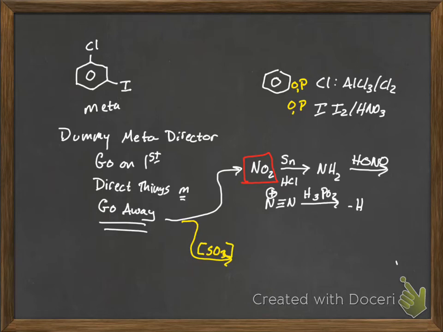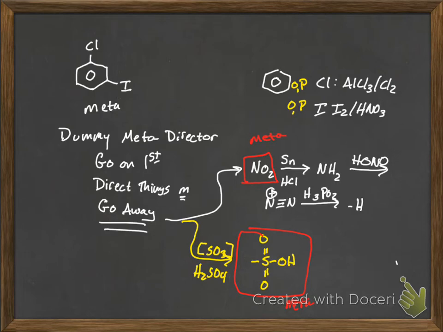Option two is concentrated SO3 and H2SO4. This is your fuming sulfuric acid. And then this will add the sulfonic acid group onto the ring. Now the sulfonic acid group right here is a meta director, just like the nitro group.